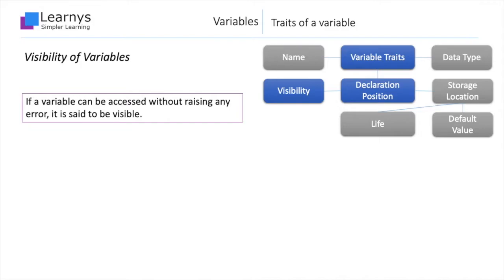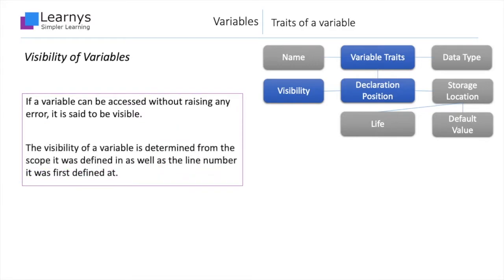As we mentioned in the previous video on variables, the position where a variable is visible is dependent on the position of the statement in the C program file. In this video, we will be focusing on where a variable is available and how some keywords change their properties. The visibility of a variable is determined from the scope it was defined in as well as the line number it was first declared at.